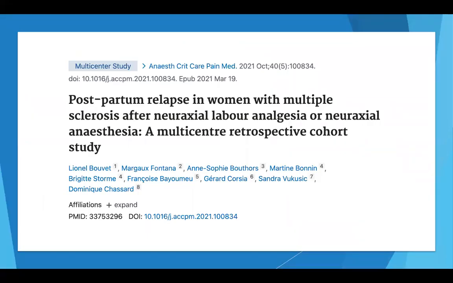A recent review published in 2021 by Bouvet et al. looked at postpartum relapse in women with multiple sclerosis after neuraxial labor analgesia and neuraxial anesthesia. This was a multicenter retrospective cohort study.